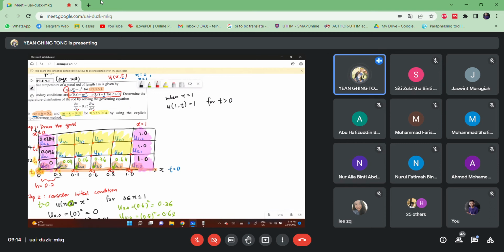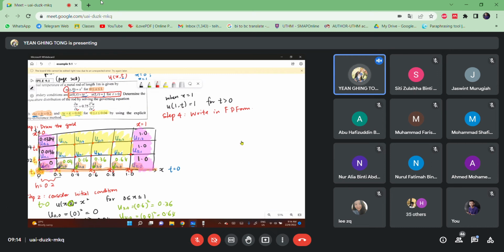So the next step, step number 4. In the book it says obtain the mesh graph, but normally I say write in finite difference form.